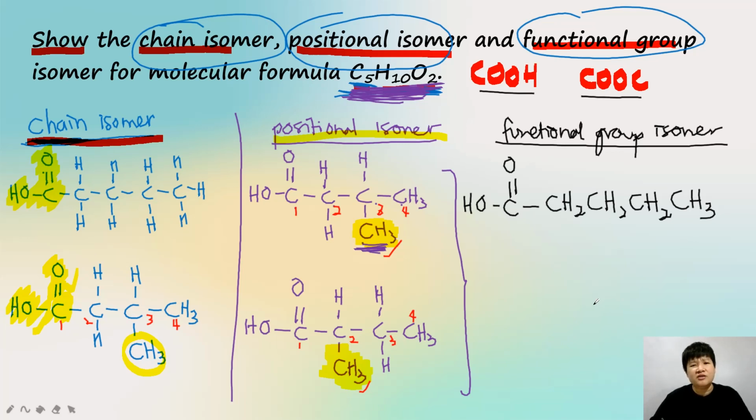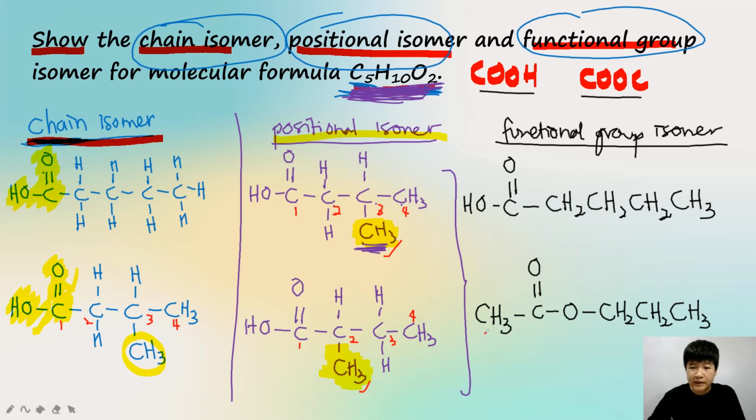And the functional group isomer, the partner of COOH, is your ester. So I can have my ester like this. Double bond O, single bond O, bonded single bond to CH2, CH2, CH3.